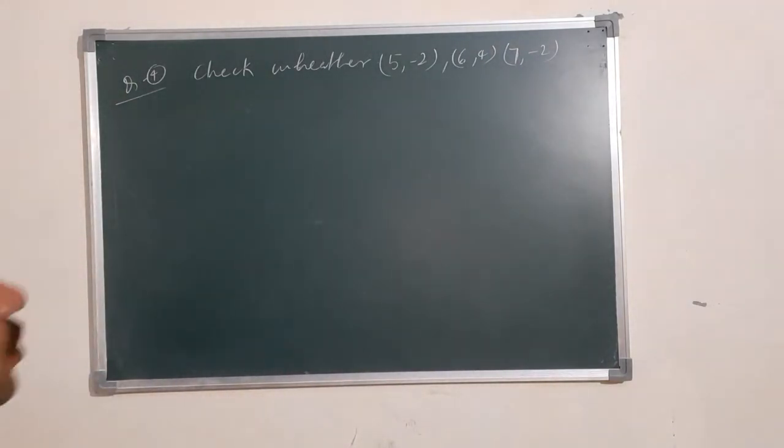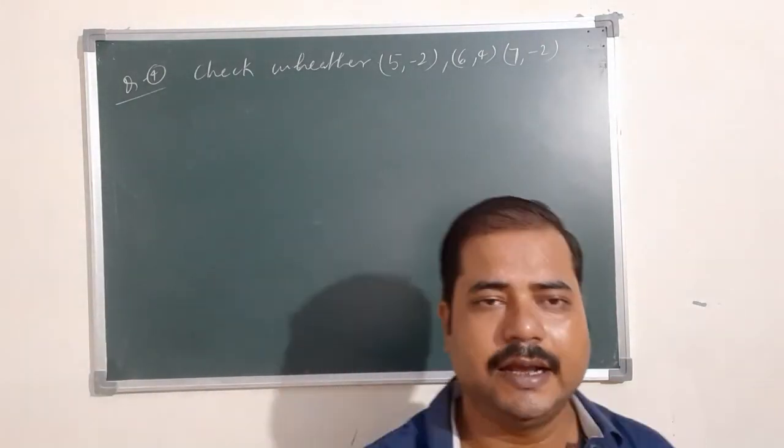So we have to show these points are vertices of an isosceles triangle.